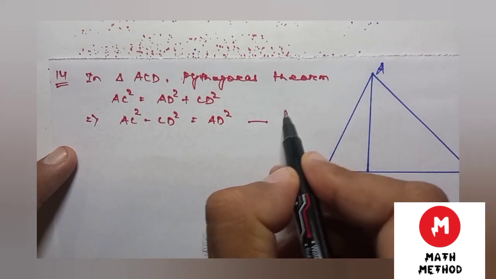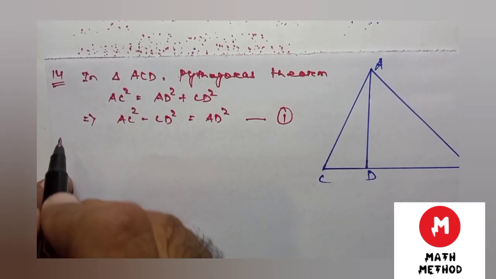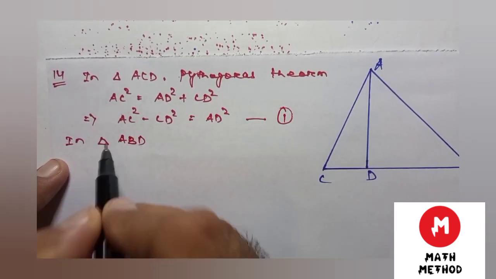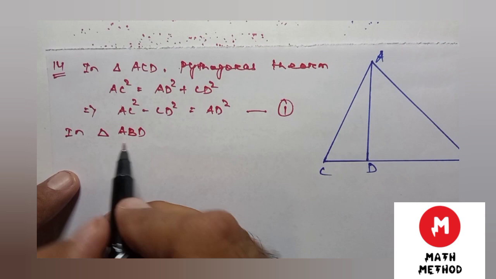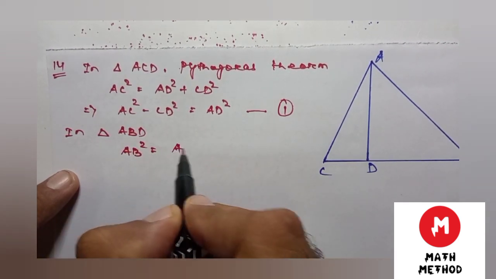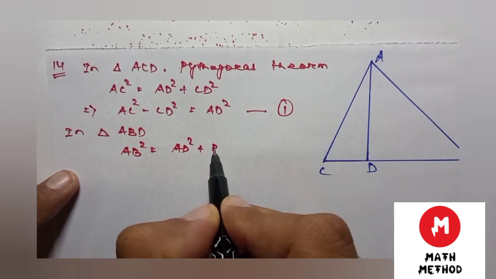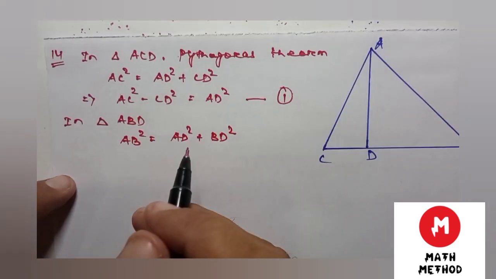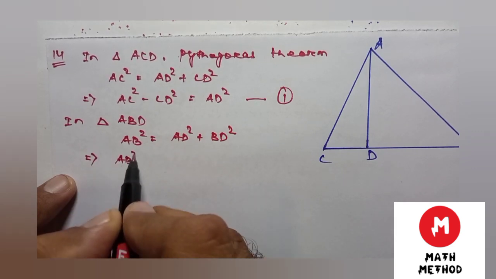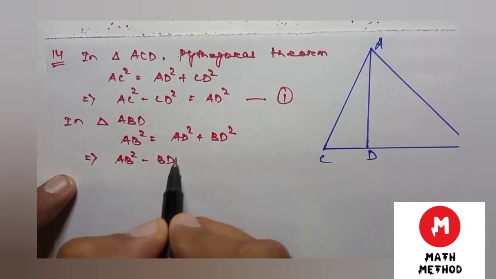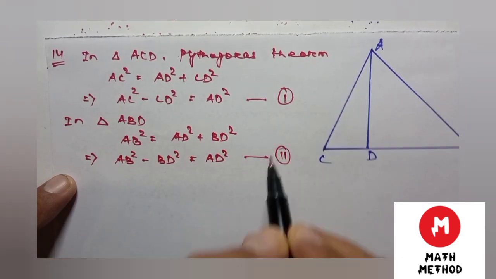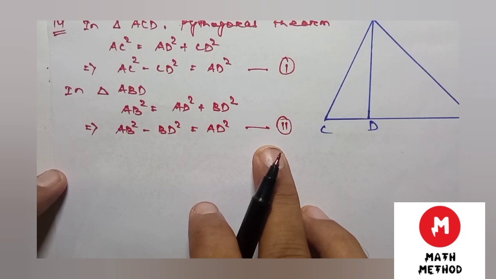This is my equation number 1. Similarly in triangle ABD, we find AB square is equal to AD square plus BD square. Again transposing BD square, AB square minus BD square is equal to AD square. This is our equation number 2.